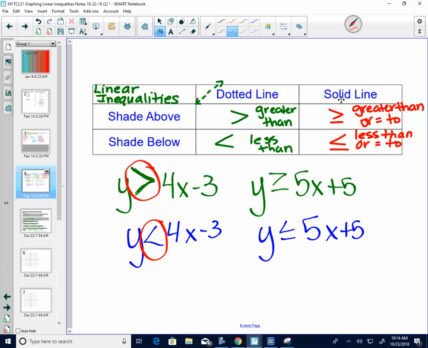So then the solid lines have to be equal to, and we could actually, in fact, draw in one more box down here and put the equal sign in there. Because all three of those, greater than or equal to, less than or equal to, or equal to, are just regular solid lines that we are used to drawing when we draw lines.